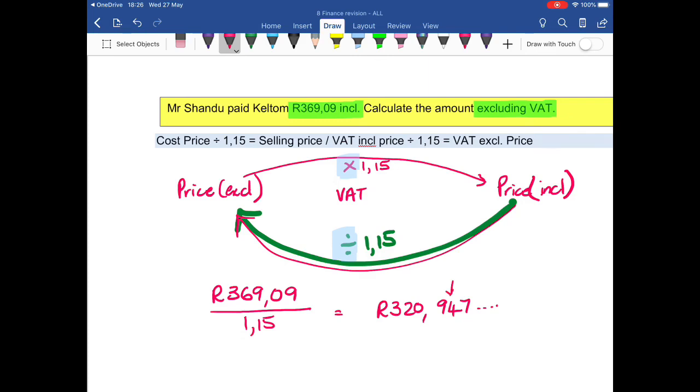I round to 2 decimal places. The neighbor is 5 or more. Let it soar. I have to add 1 on. That will be 320,95. So my price excluding VAT is going to be cheaper. Is this price cheaper than this price? Yes, it is. So I know I have, in fact, worked the correct calculation.